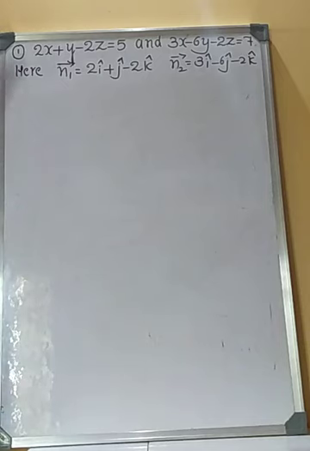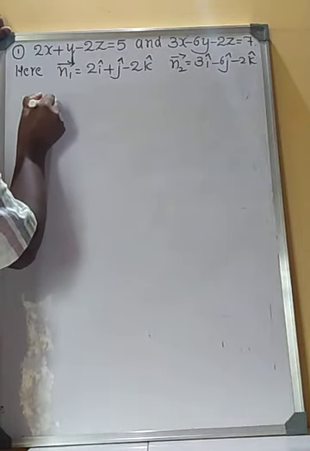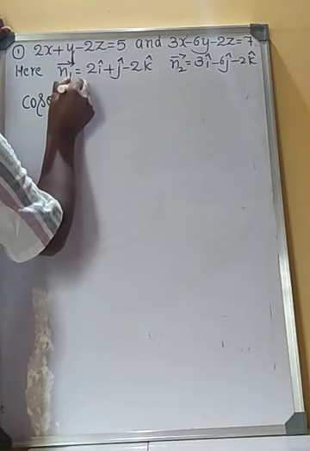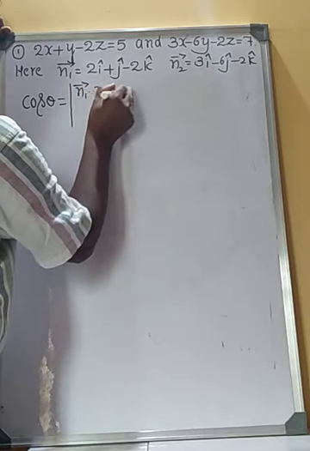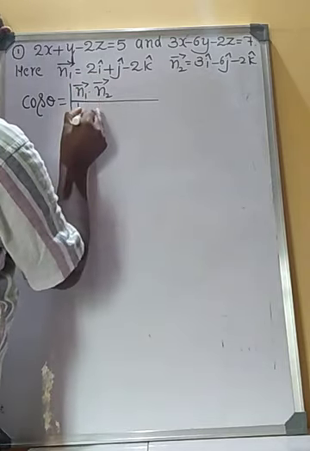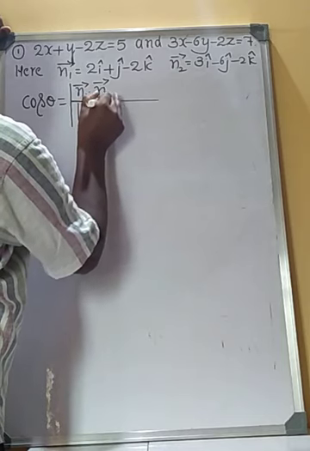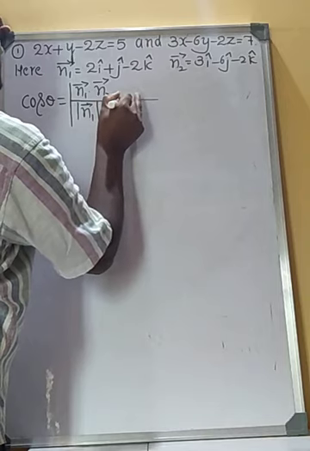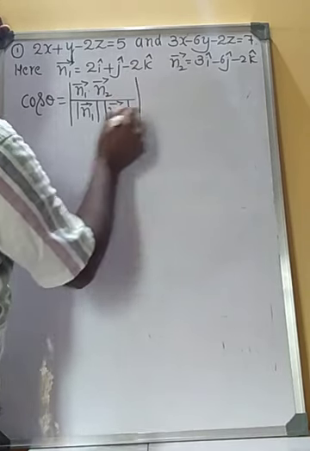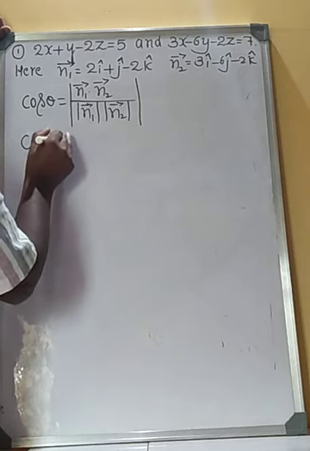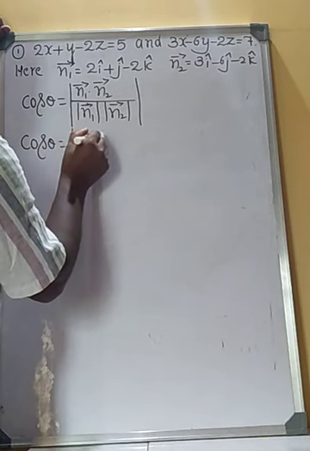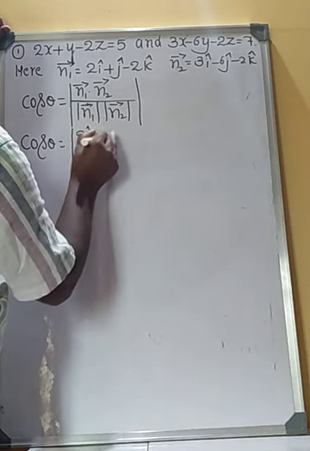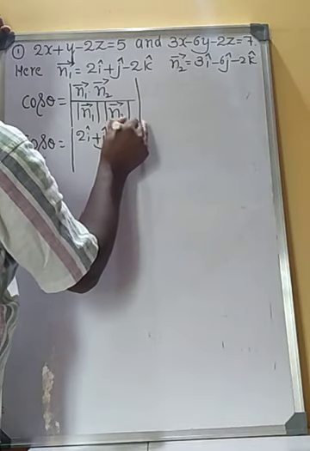Therefore the angle theta between the two planes is given by cos theta is equal to magnitude of n1 vector dot n2 vector divided by magnitude of n1 vector into magnitude of n2 vector.